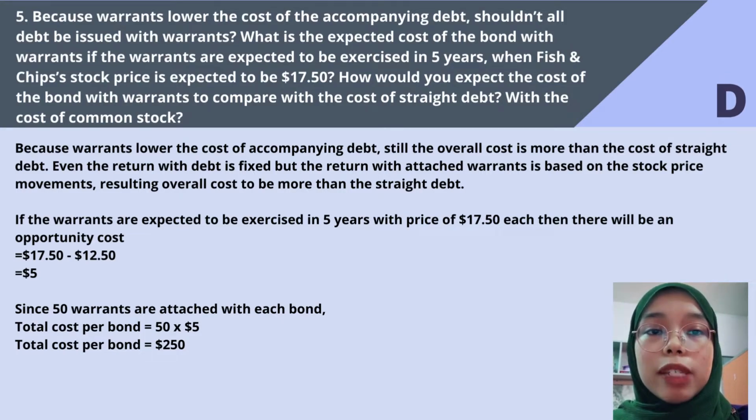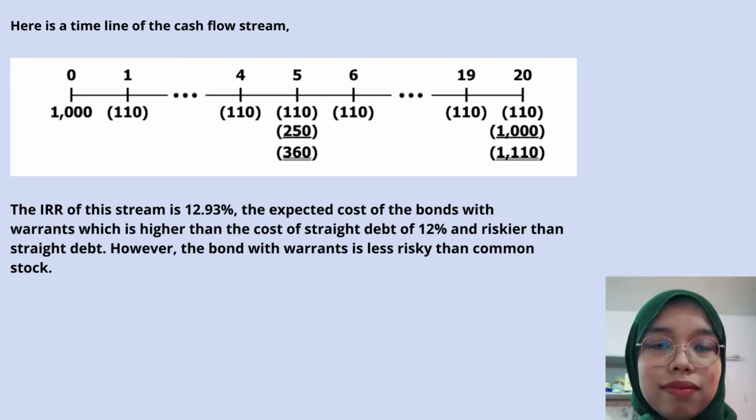If the warrants are expected to be exercised in 5 years at a price of $17.50 each, then there will be an opportunity cost. 17.50 minus 12.50 equals $5. Since 50 warrants are attached to each bond, the total cost per bond is 50 times $5, equal to $250.